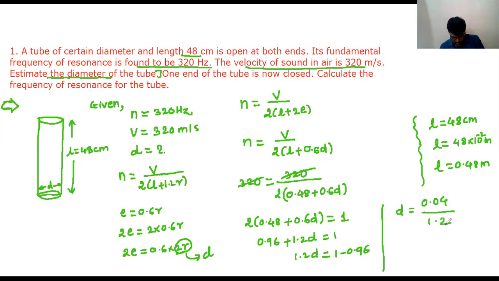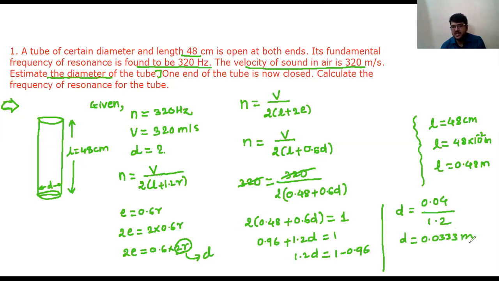What did you get? 0.04 divided by 1.2. This you are getting as 0.0333 meter. This is in meter.